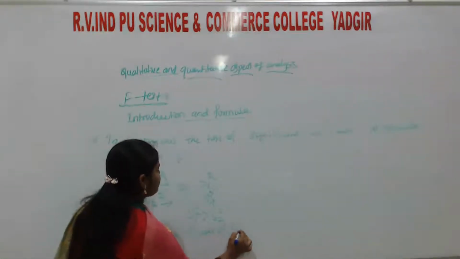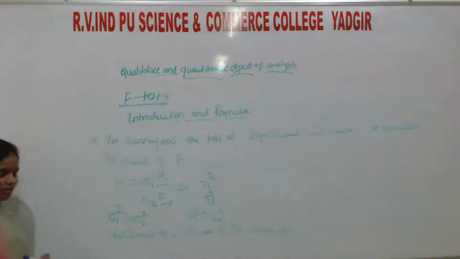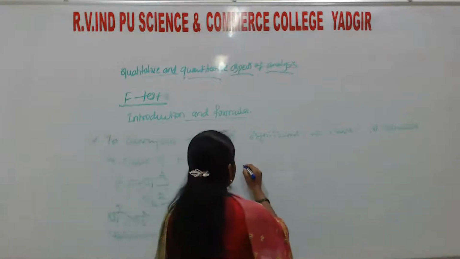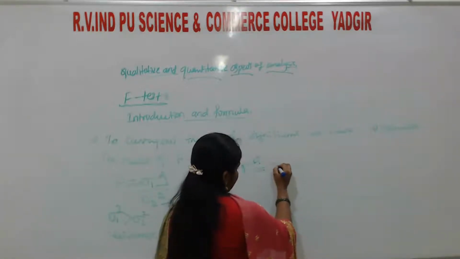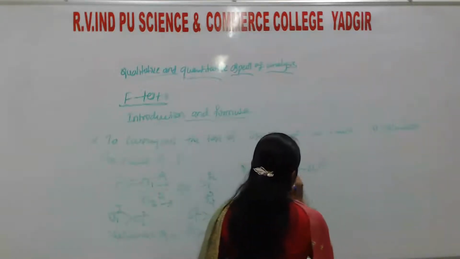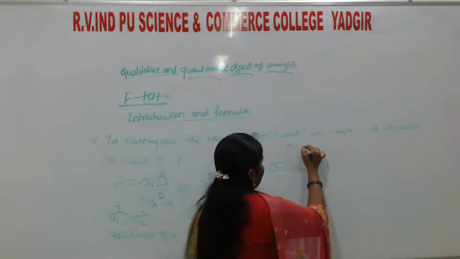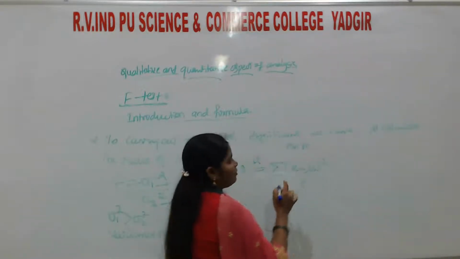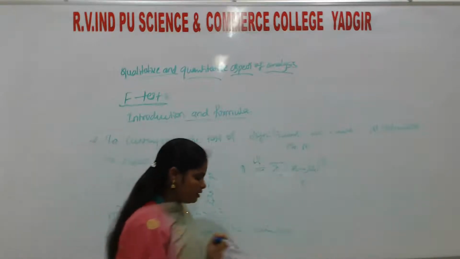Variance, that is sigma square, is equal to summation of x minus mu whole square divided by n.